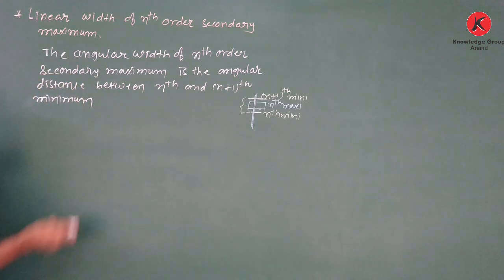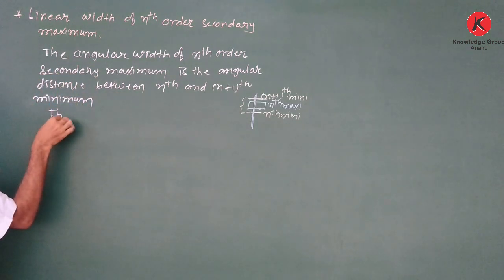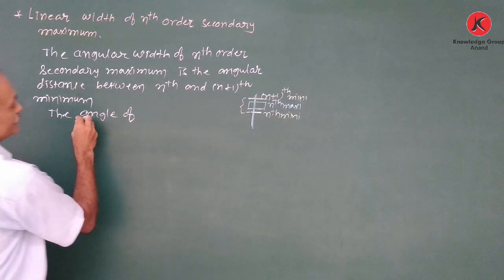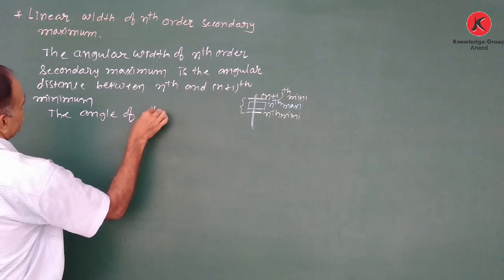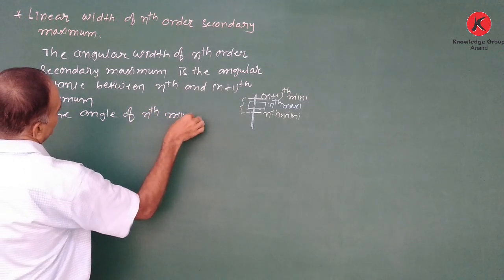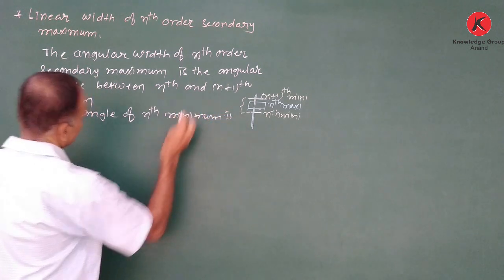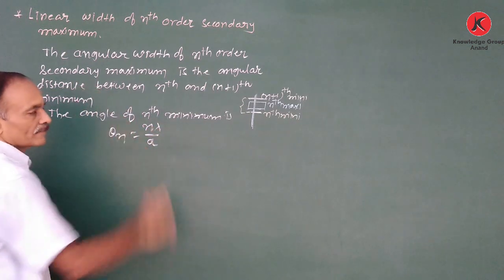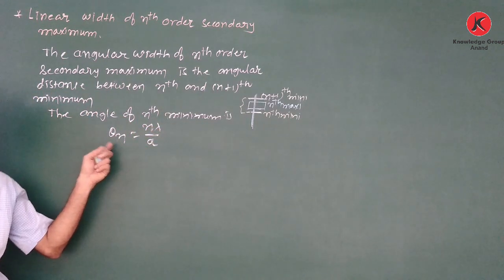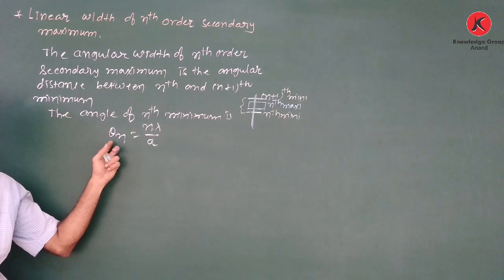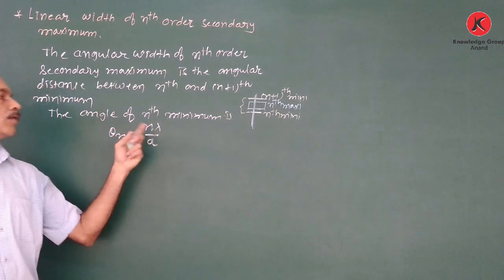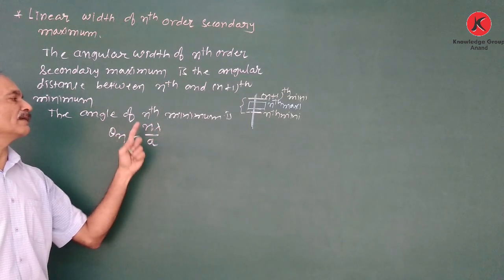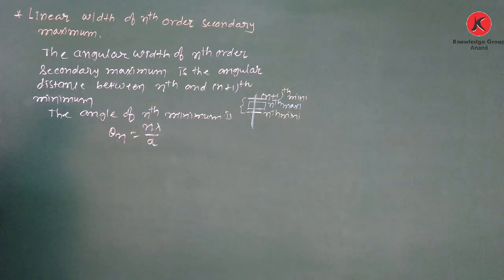For that purpose, the angle of the nth minimum is theta n is equal to n lambda upon a. Already we obtained for the first minimum, the width on one side of the central maximum is lambda upon a. Here it is the nth minimum, therefore n times lambda upon a.